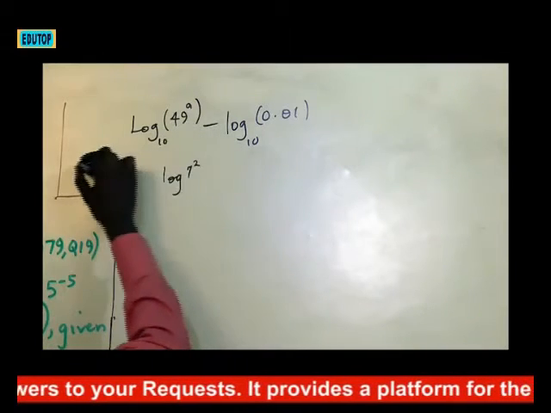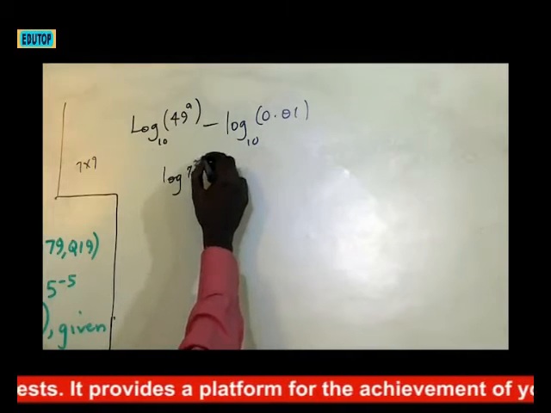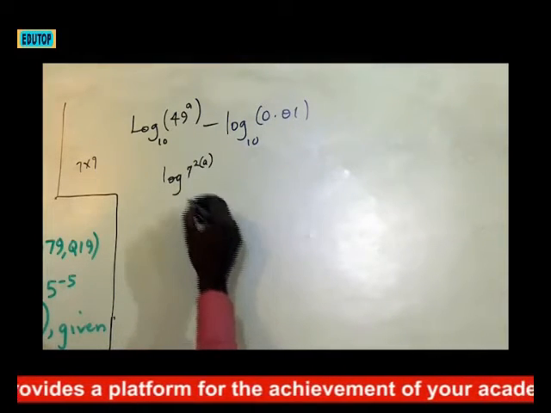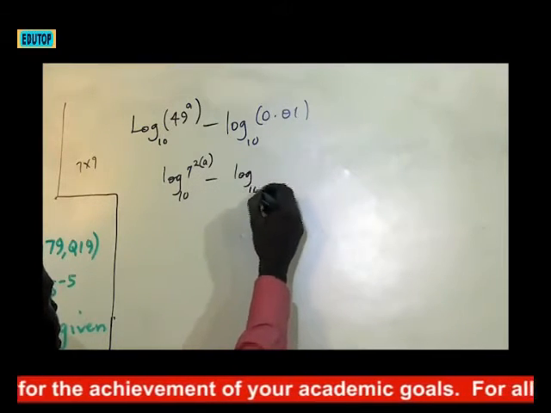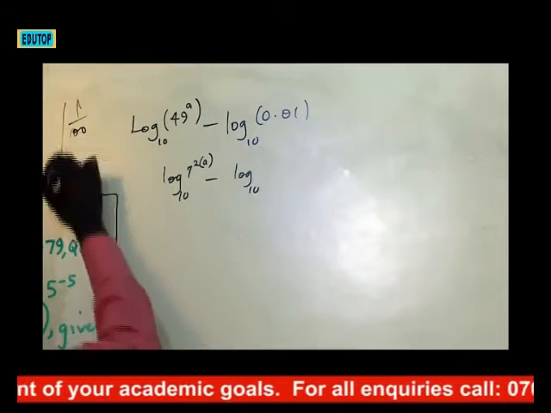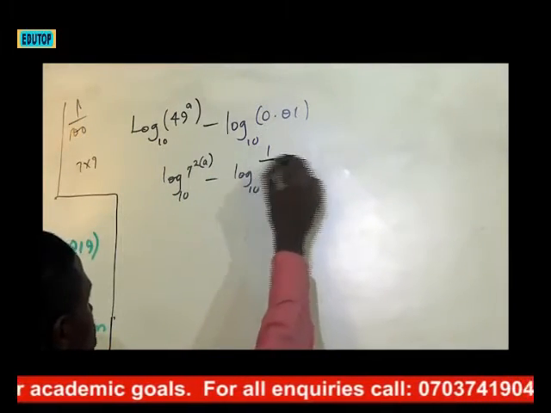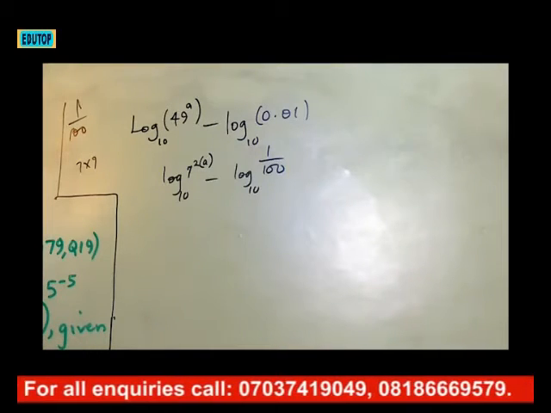So 49 is 7 times 7, and 7 times 7 can be written as 7 squared. Remember that 8 is there, so you can put it in the bracket this way. Minus log 10. When you have 0.01, it's the same as 1 over 100. 1 over 100 will definitely give us 0.01.